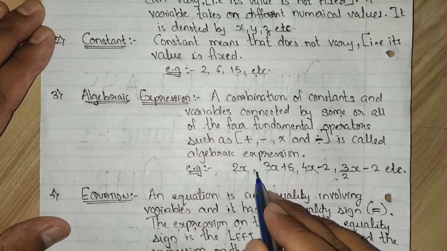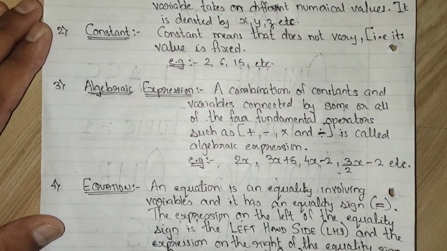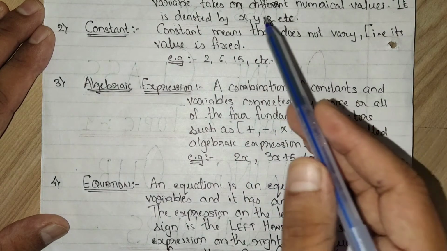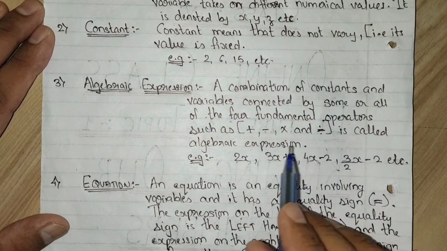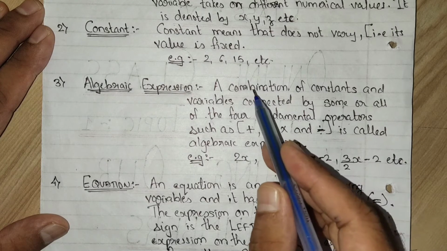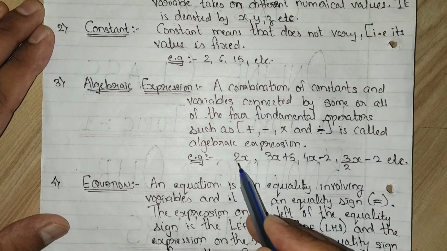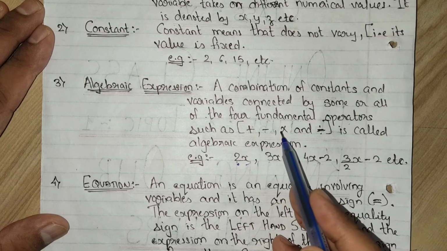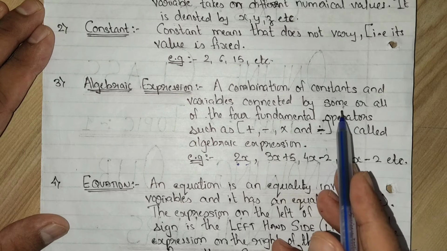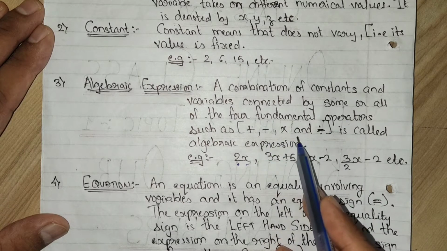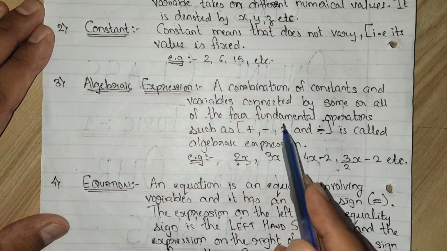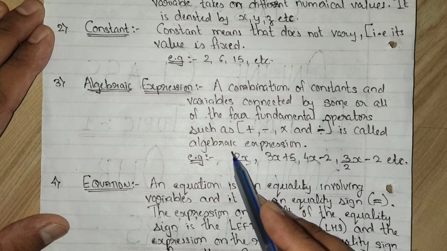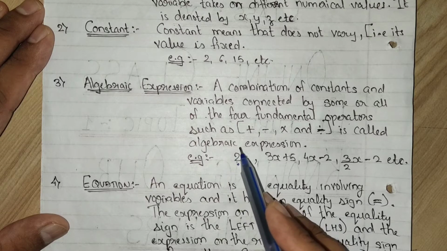Let me explain with an example. I have told you 2 is the constant, x, y, z, t, u, v, etc. are the variables. When you combine the constant and the variable with some or all the fundamental operators, here we have multiplied 2 by x. So this is known as algebraic expression.